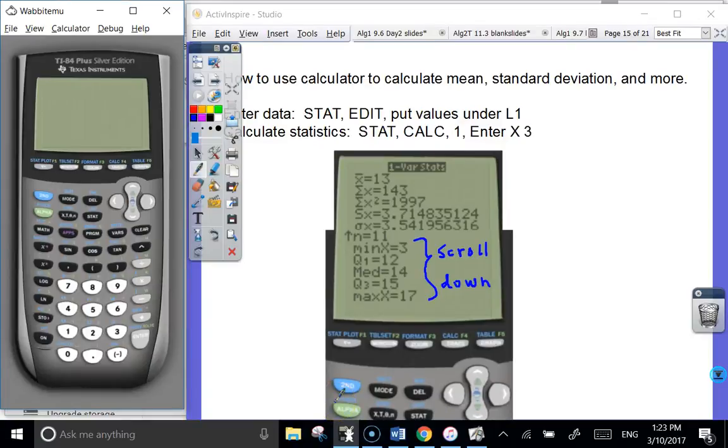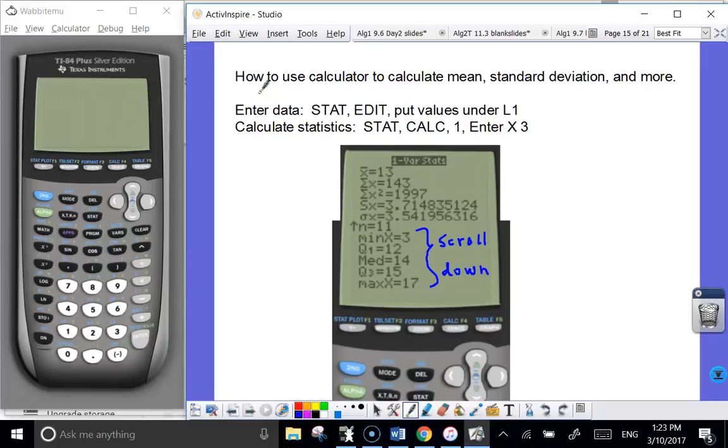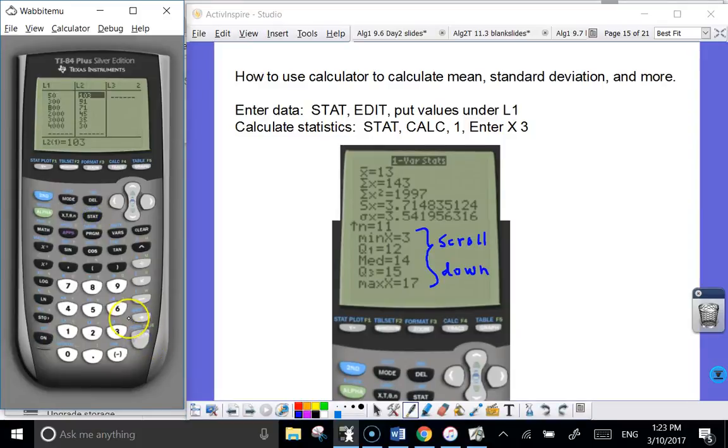So first you go to stat edit, and clear out your list. Remember how to clear them out? Go to the top, clear, enter.